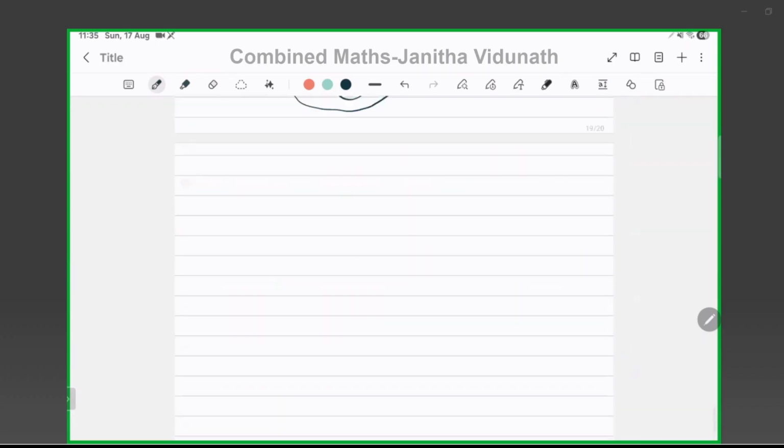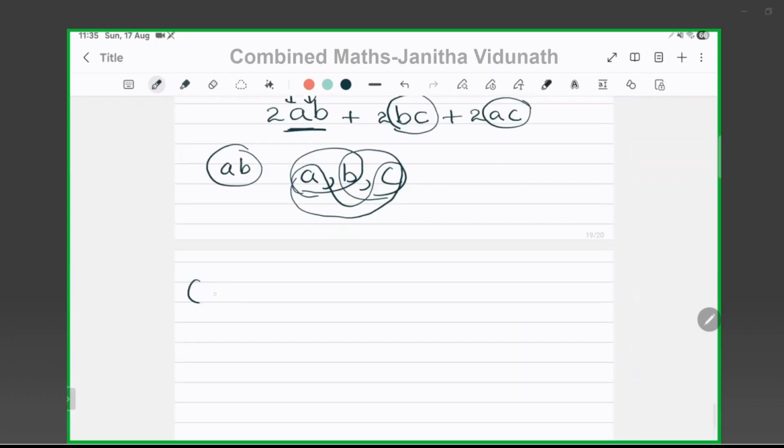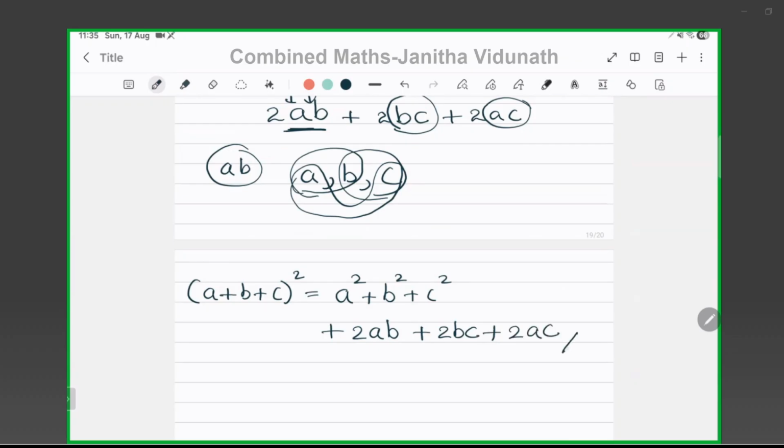Let me repeat. Simply we can write this expansion at once: first we square each term separately, then we add 2 times ab plus 2 times bc plus 2 times ac. Okay. I think you understand that method.